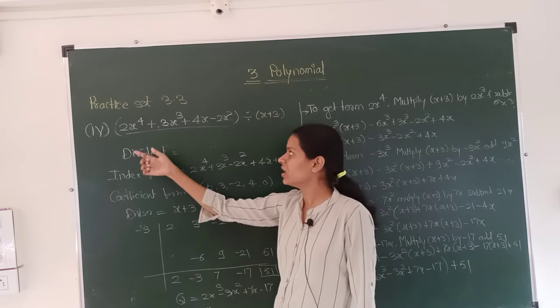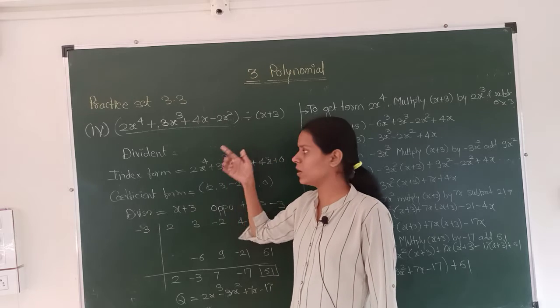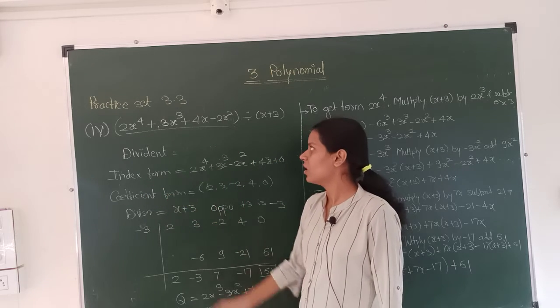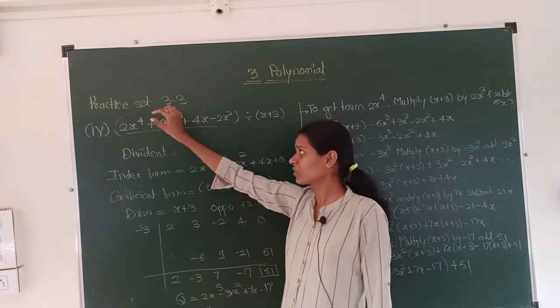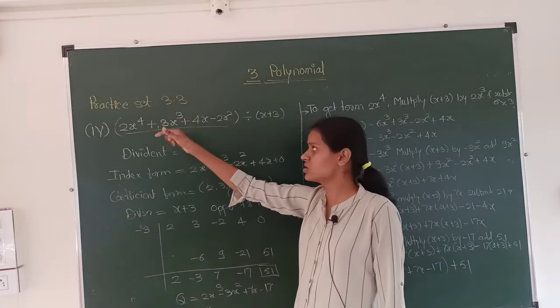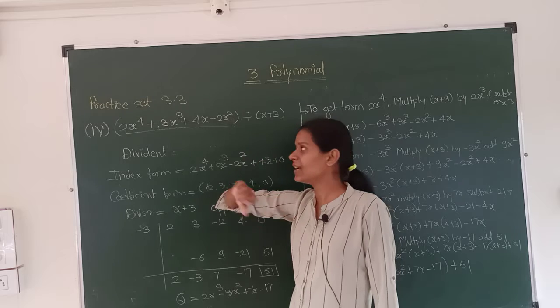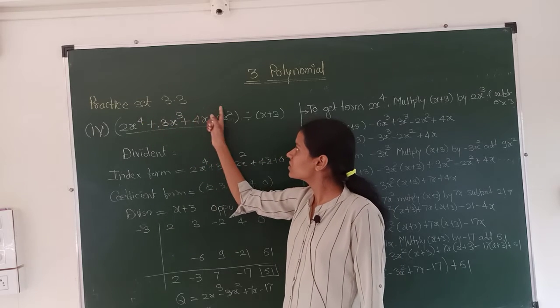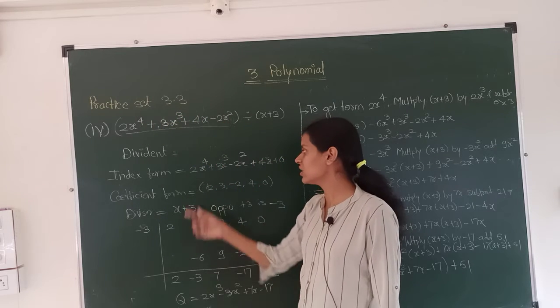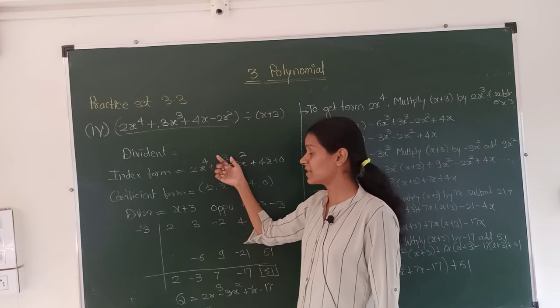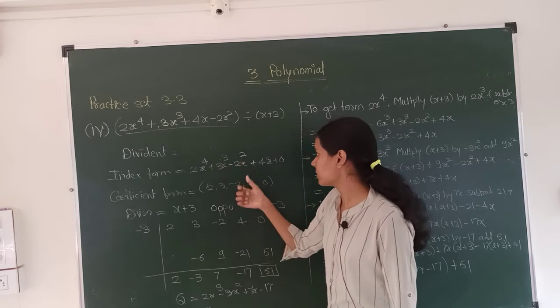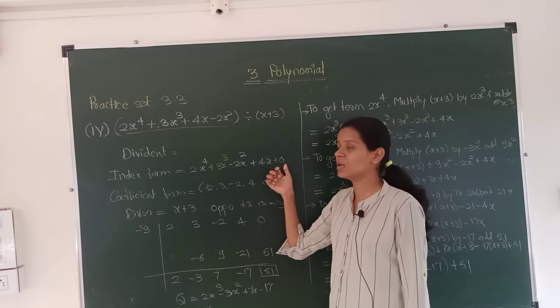So dividend is equal to, copy this polynomial over here, in index form. In index form, we have to write the powers of the polynomial in descending order. The powers 4, 3, here is 1 and 2, we will rearrange it. 2x power 4 plus 3x power 3 minus 2x power 2 plus 4x plus 0.